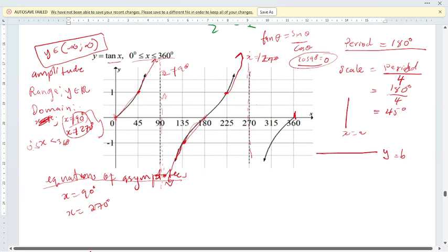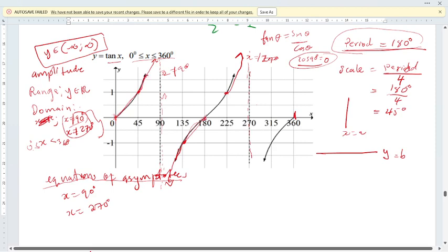I said period is the length taken to complete a cycle. So when the graph completes a cycle, what number are we on? We started from 0, and then from here to here, that is a quarter. From here to here, that will be the second quarter.